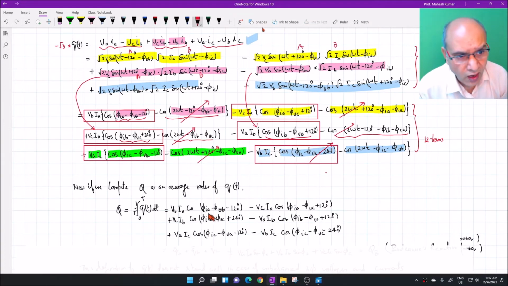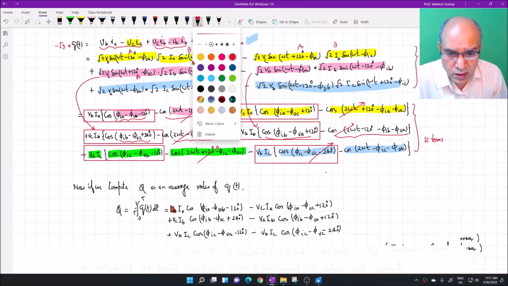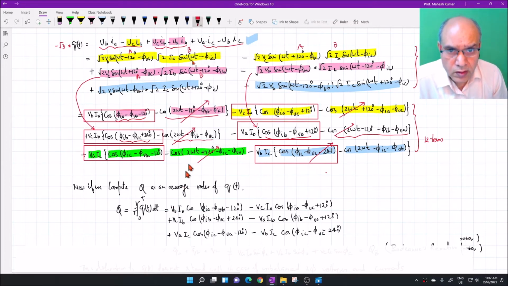When you take the average value of this, only the constant terms will be there after averaging. So if we find the average value of Q(t), it will be nothing but this whole expression. You can close this, and minus 1 by root 3 will come here actually.